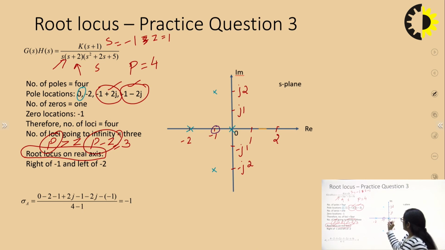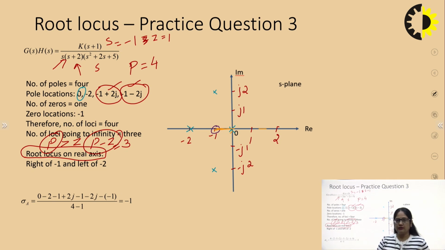To start with, consider the position on the real axis between 0 and minus 1. The right side of minus 1 has an odd number of poles, that is, there is only one pole at the origin. So the real axis between minus 1 and 0 is part of the root locus.